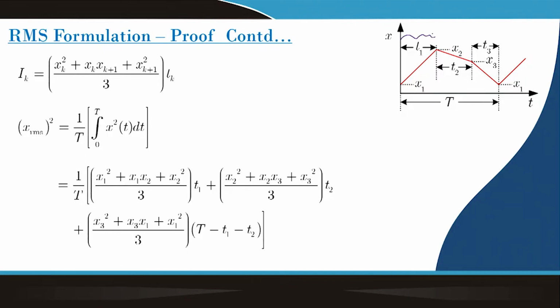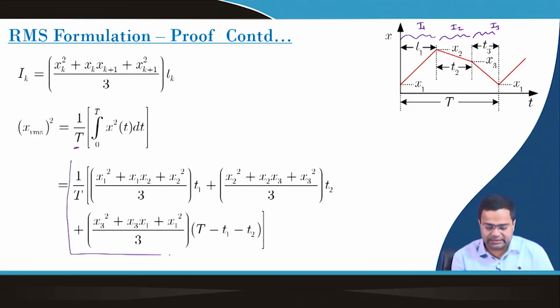That means this is my I1, this is my I2 and this is my I3, and if I add them and divide by total time, then we will get x RMS square, and this is what we have actually written at the beginning.